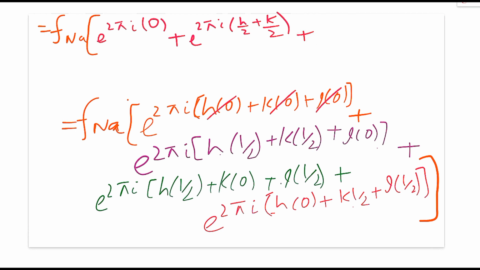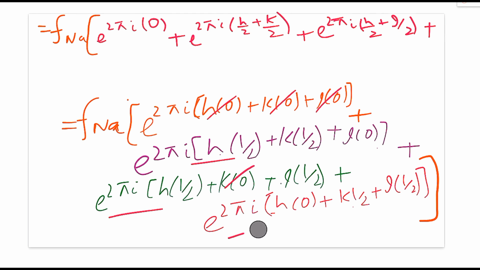Okay, so next we have simplified this term as well, so next we have this term, so we'll write e to the power 2 pi iota, then we have h by 2, this becomes 0, so we have plus L by 2.